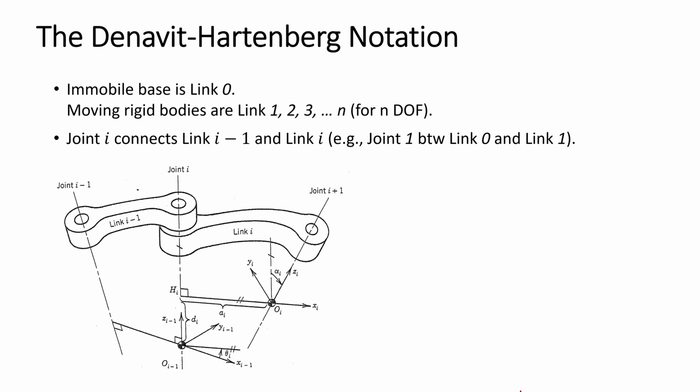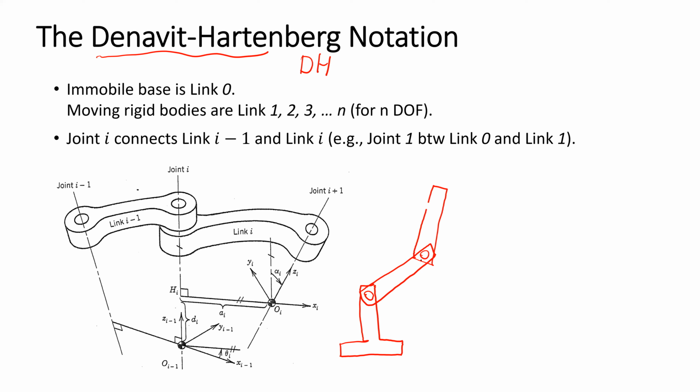Okay, the Denavit-Hartenberg notation. The idea is, when you have a robot with links, the link that doesn't move, this one fixed to the floor and cannot be moved, we call link 0.